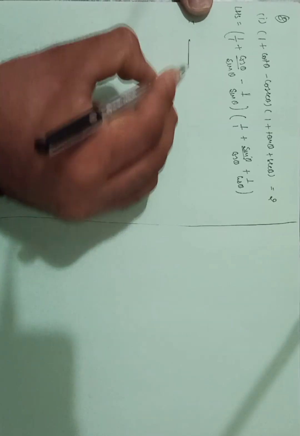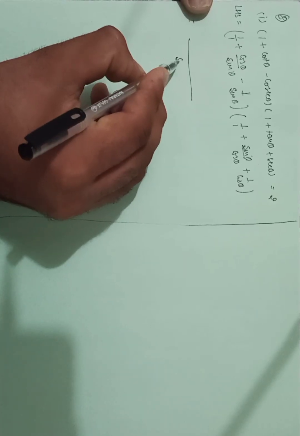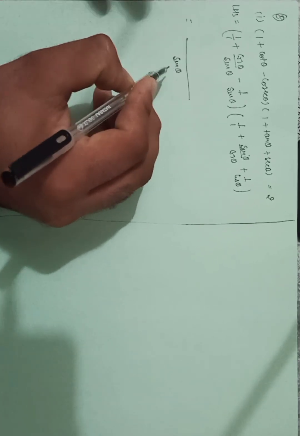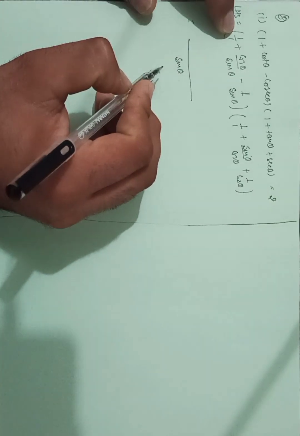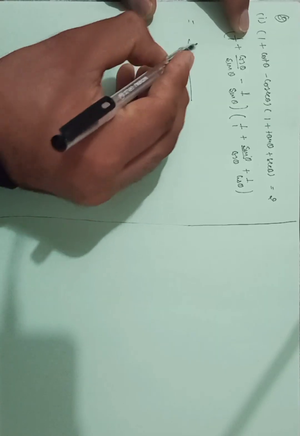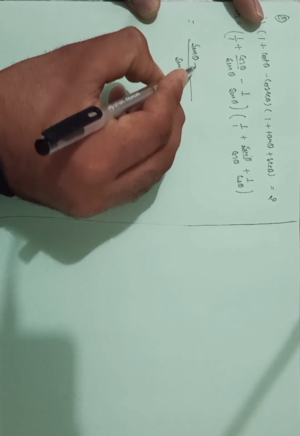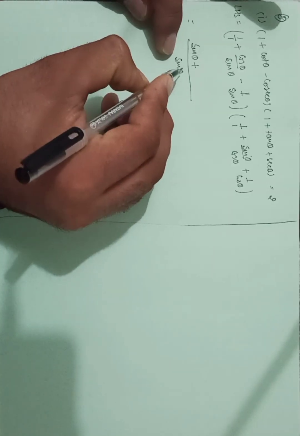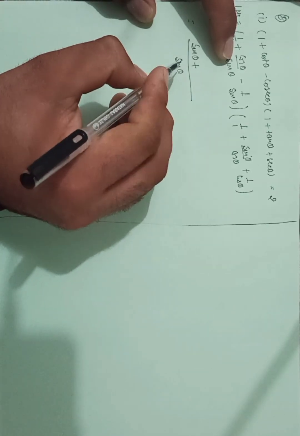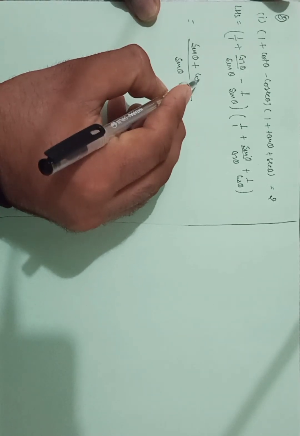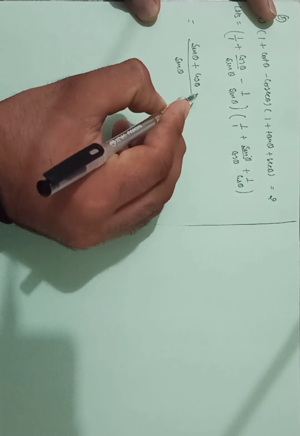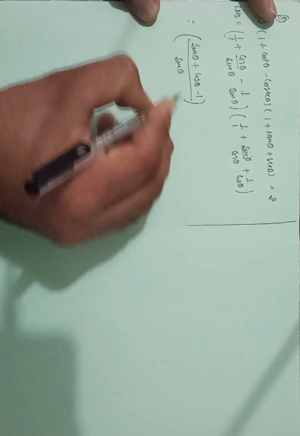Okay, now you can clearly see here we will take the LCM as sine theta. Sine theta divided by sine theta is 1, and 1 multiplied by cos theta will be cos theta, and here we will have minus 1.